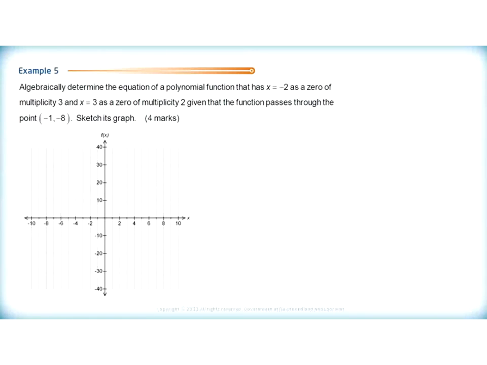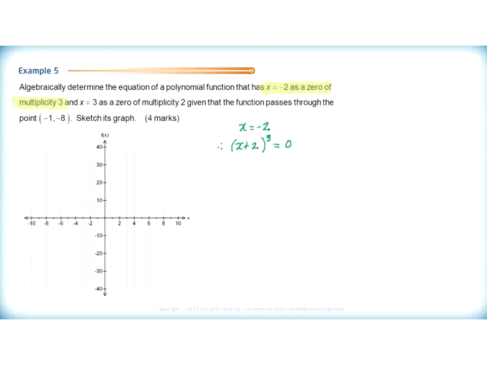Let's look at some key pieces of information here. The first piece of information is that x equals a negative 2 is a 0 of multiplicity 3. That tells us that x plus 2 raised to the power of 3 will be one of the factors of the polynomial function.